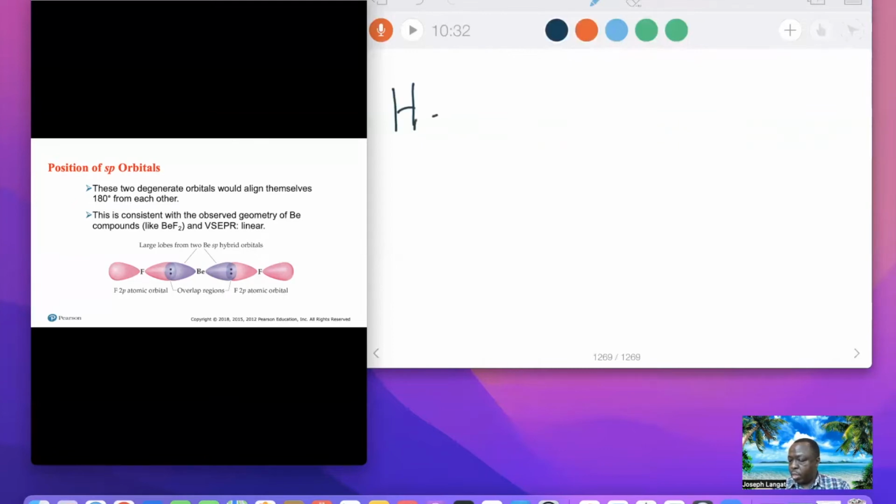That means a half of the valence electrons for beryllium. Beryllium is in group 2, so that means it is 2, plus the monovalent atoms.